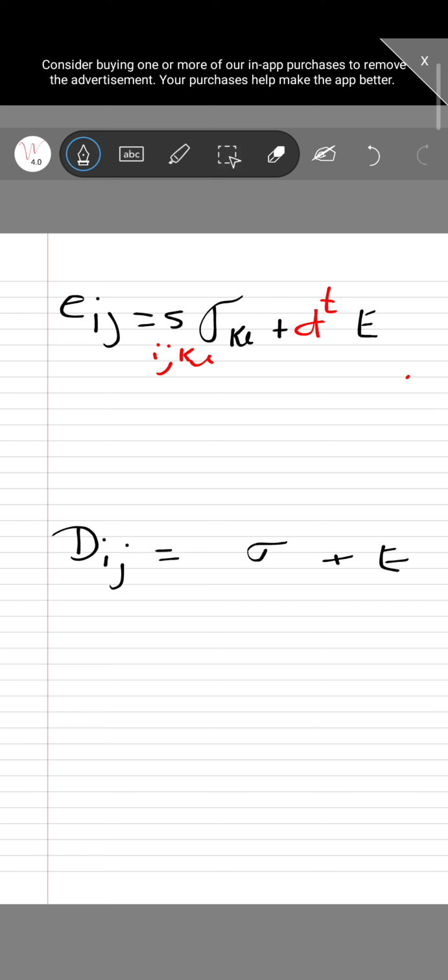This is again the direct piezoelectric coefficient, and this one is again Eij, strain at constant stress. So the first equation stands for the inverse piezoelectric effect, and this is for the direct piezoelectric effect.